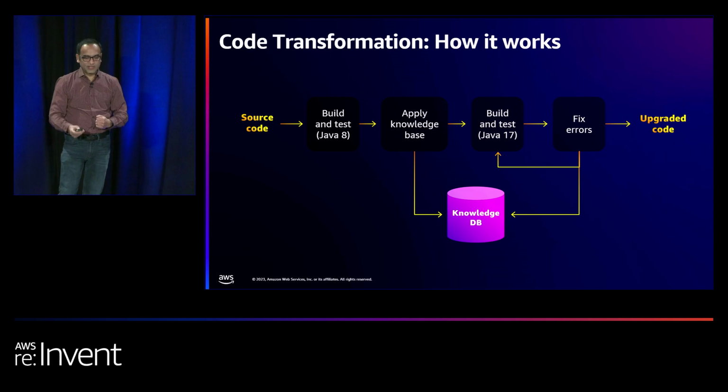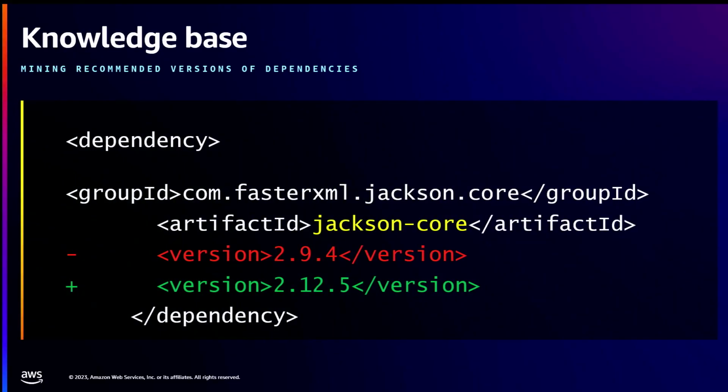So let me go through an example of what a knowledge base can do. I'm not going to show you the internals of how we store the knowledge base, but I'm going to walk you through what aspects it helps with. In this example, we need to upgrade a dependency, Jackson Core.